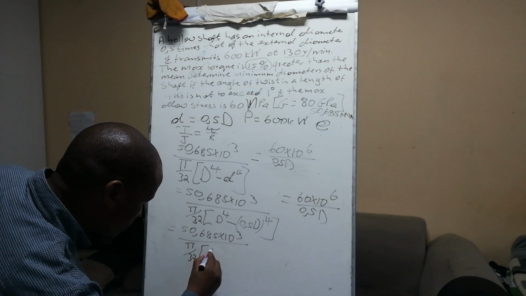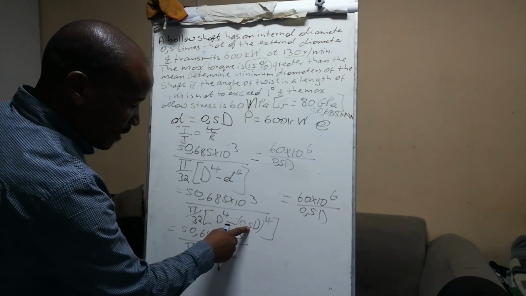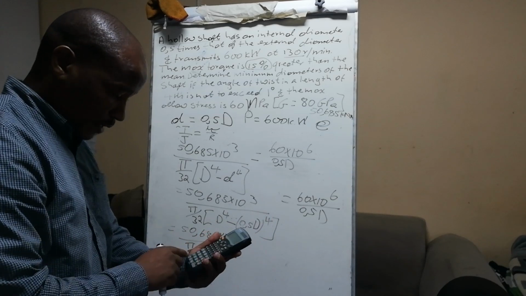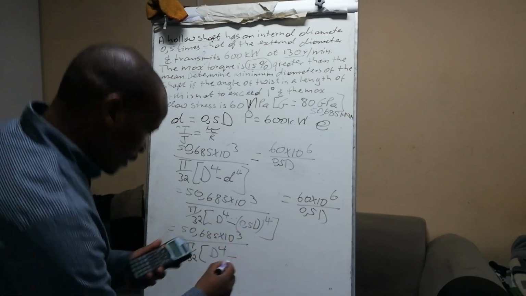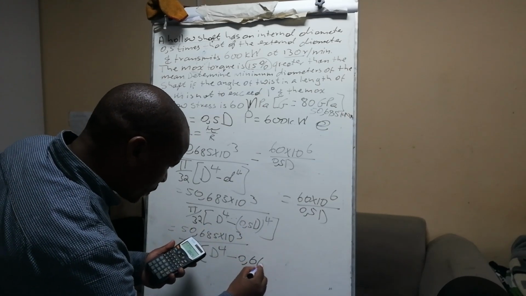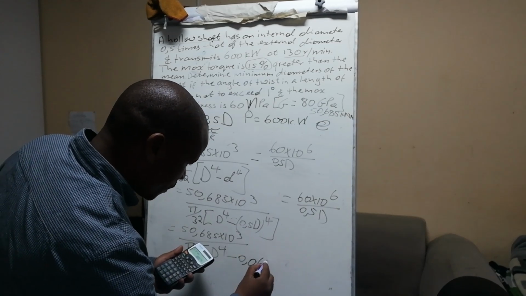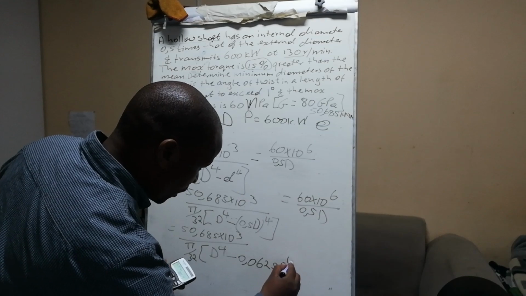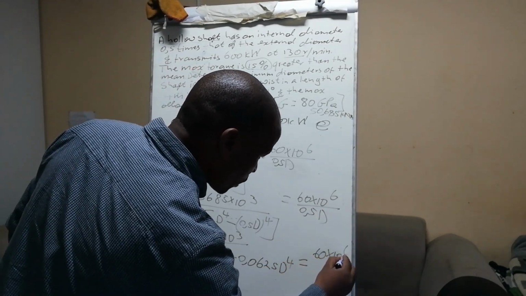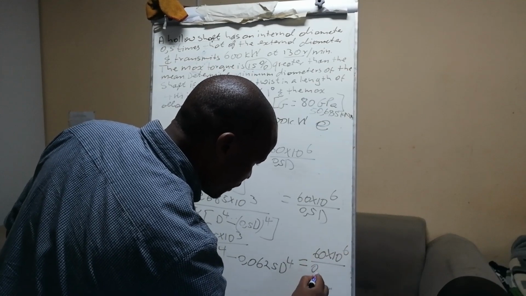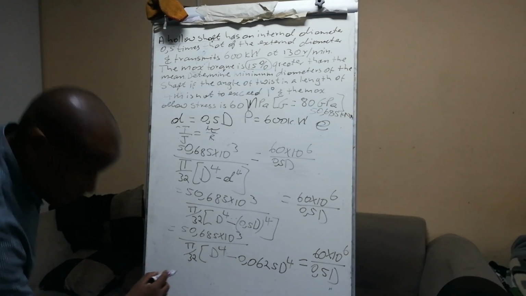Let me put it first this way: D to the power 4 minus 0.5 to the power 4 is equal to what? 0.5 to the power 4 is 0.0625 D to the power 4, and it's equal to 60 multiplied by 10 to the power 6 divided by 0.5 D. All right.